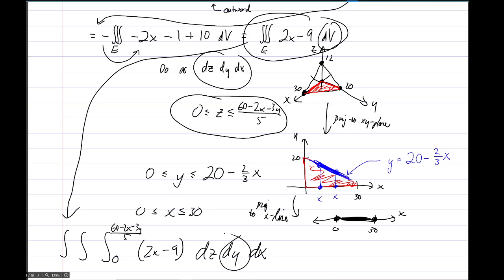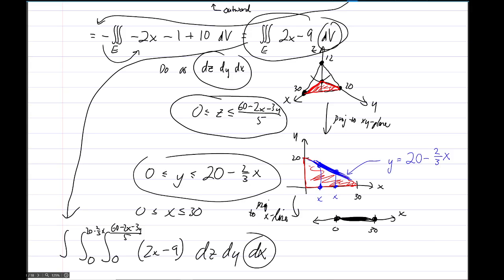The y is the middle one, so this information goes on the next integral, 0 to 20 minus 2/3 x, and then the x info is right here, 0 to 30. Well, this integral isn't so bad to do. Let's not finish this any further. Let's call this done right there.